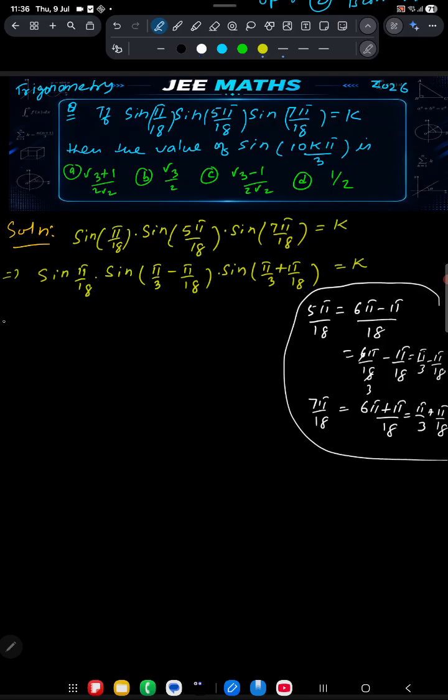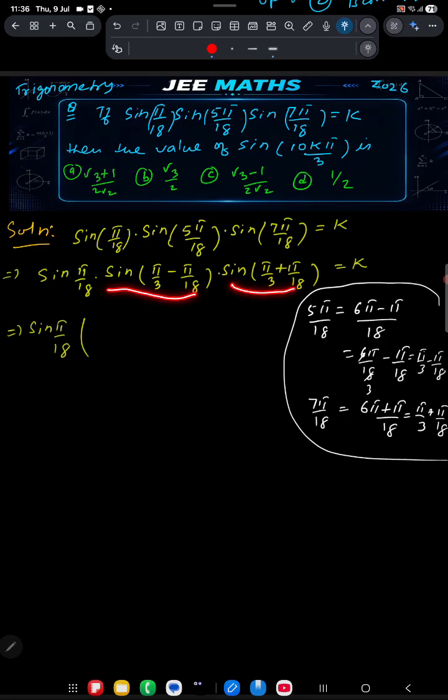So come back. This will imply sine of pi by 18 into the second term. I will split it using the formula for sine of a minus b.